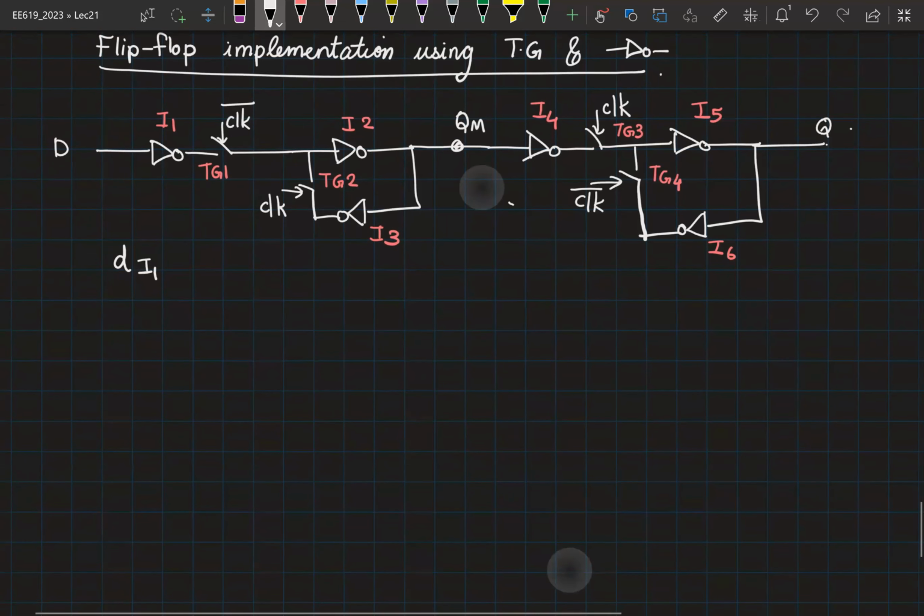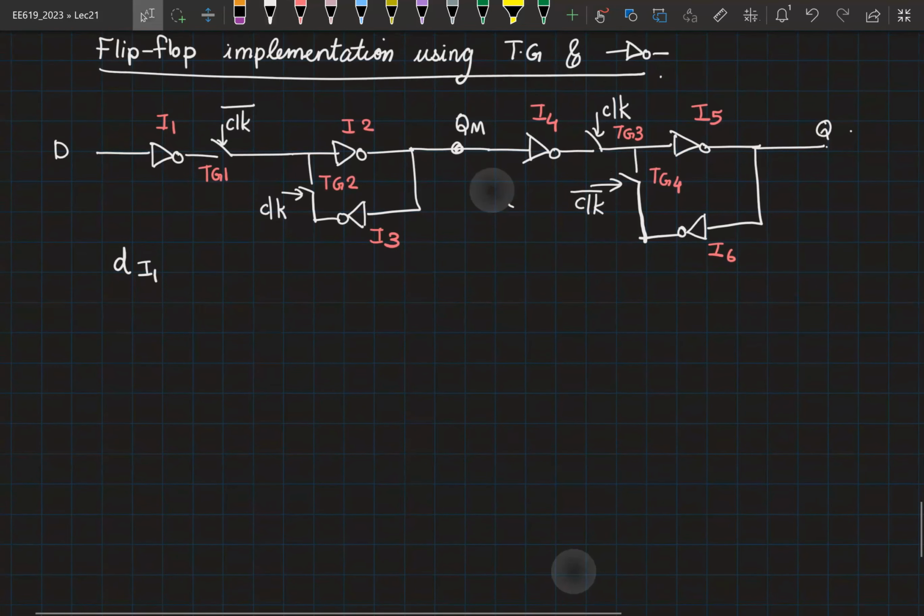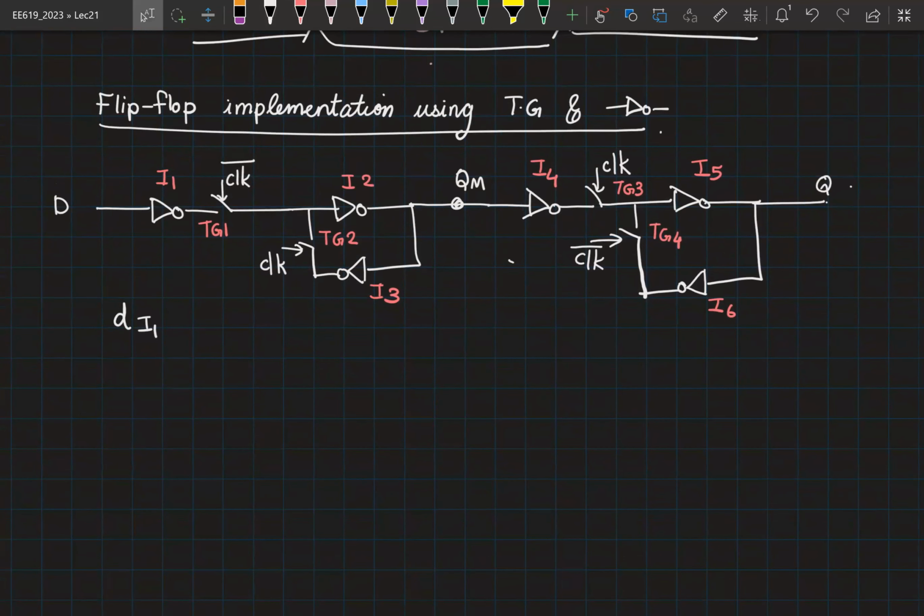Is reaching till QM sufficient? Why do you say it should reach till QM? It should reach after I1. So till here or here? Till here. Is that correct or is something missing?